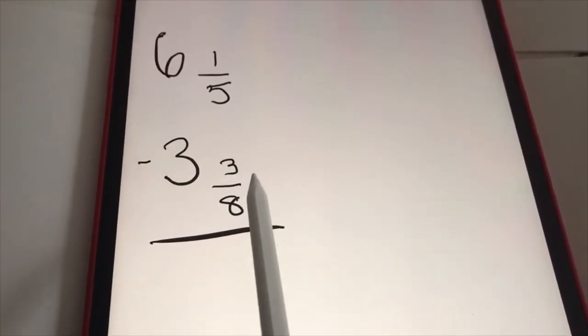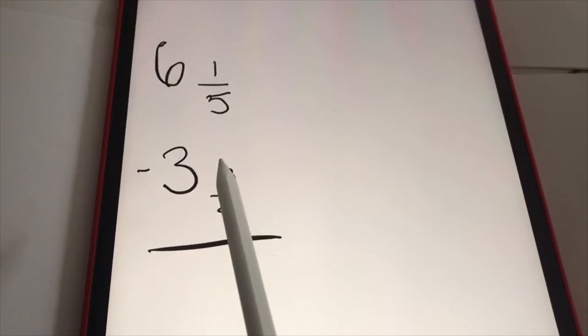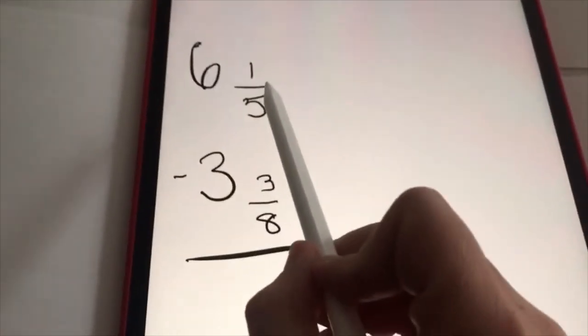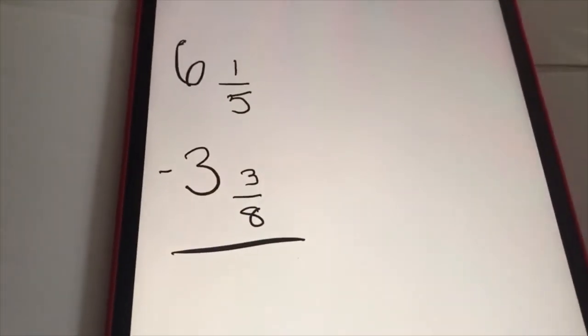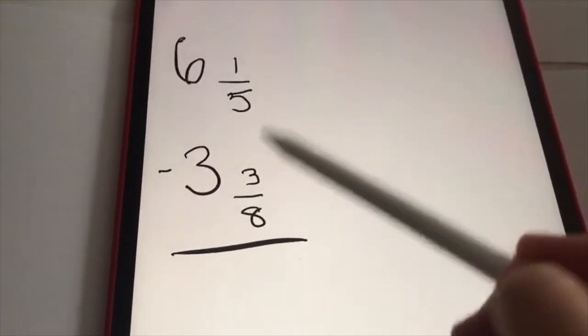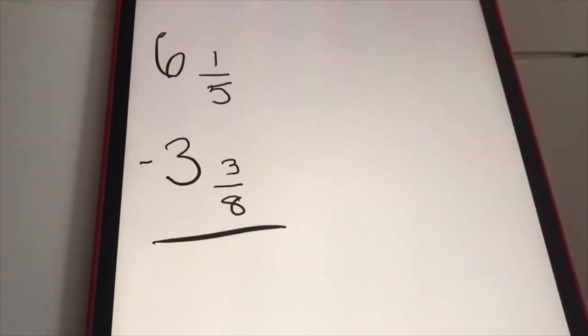Taking a look at 3/8, I know 3/8 is really, really close to 4/8, okay? In fact, it's only an eighth away. So 4/8 is equivalent to a half. So 3/8 is about a half. And I know that about a half is greater than a fifth, okay? So that's going to tell me that 3/8 is greater than 1/5, meaning that I'm going to have to borrow from this 6 here, okay?